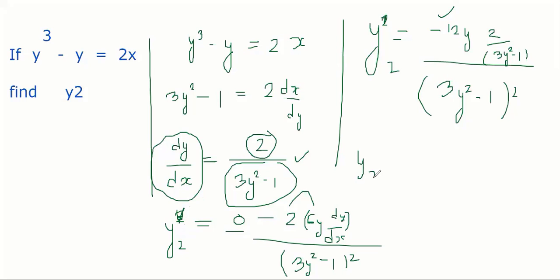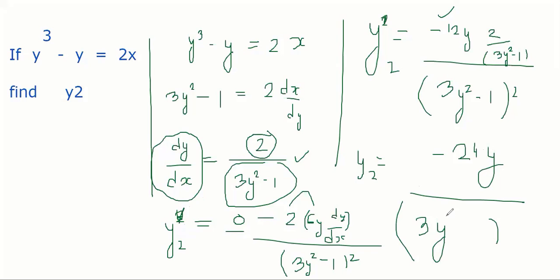So my y2 is equal to कितना होगा ऊपर? minus 12 into 2, minus 24y. जय सूर्या, करेक्ट है ये? Yes, sir. By 3y square minus 1 whole cube. That's it. 3y square minus 1 whole cube, because ये जो है ये नीचे आ जाएगा.